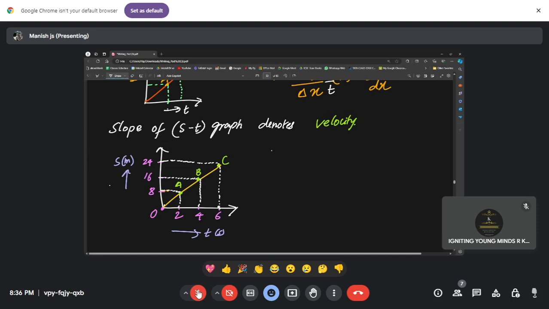Now, what is the slope for the region OA and slope for the region AB, for the region BC, for the region AC?